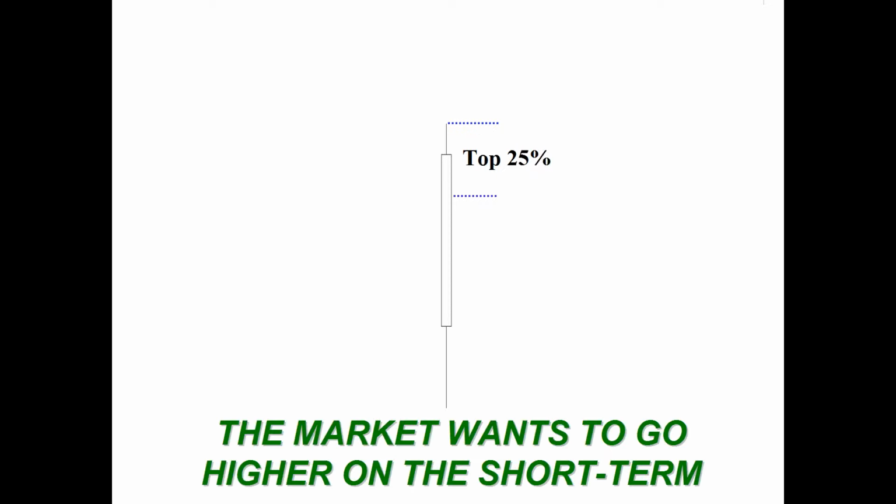So if you divided this daily bar or weekly bar or 5-minute bar into 4 separate but equal parts, if you closed in that top quarter, what is the market once again telling you? It's telling you that on the short term, it wants to go higher. So now, if this bar is above the 50-period moving average, you now have the short term and the overall trend in sync.